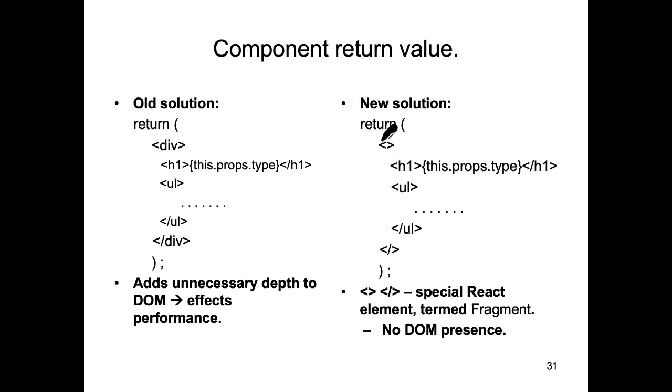What's nice about the fragment tag is that it doesn't contribute anything to the DOM structure, and hence you get slightly better performance. It's only an issue really for very large applications, but you'll see me using it quite a lot in my code, so I'm just making you aware of it.